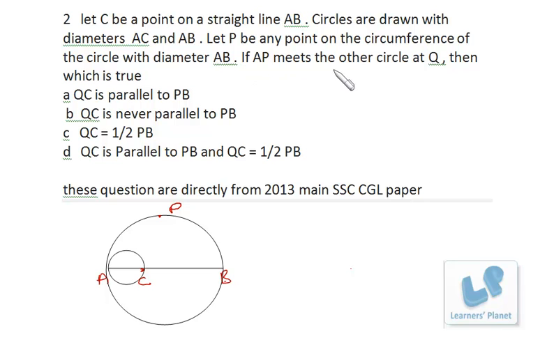Now if AP meets the other circle at Q, I join AP. Now this point is Q, right? Now we have to find out the relationship between QC and PB. So I join QC and I join PB.